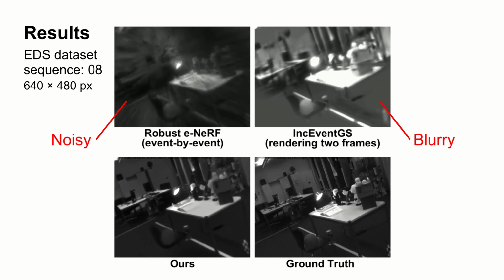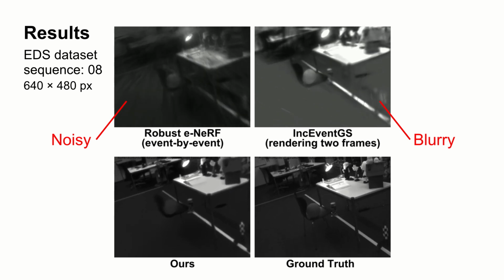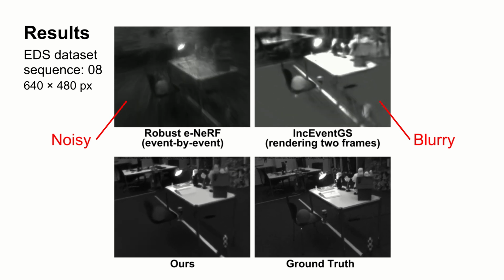In this comparison, robust eNerf adopts an event-by-event strategy, whereas IncEvent-EGS adopts a two-frame rendering strategy.